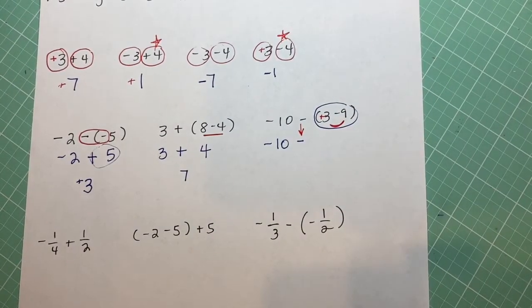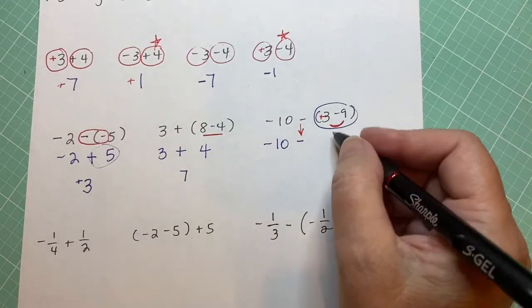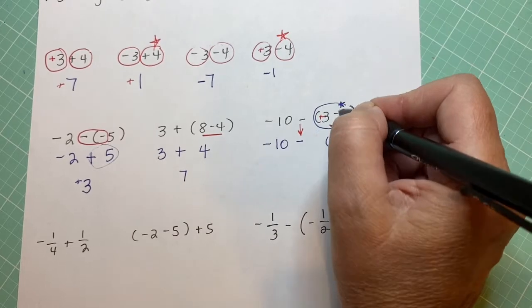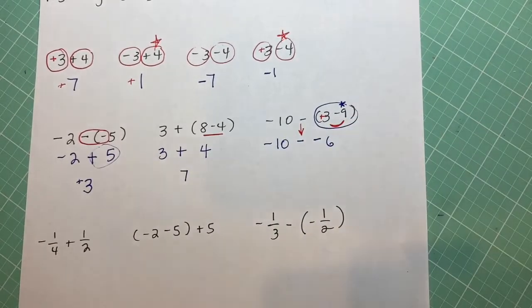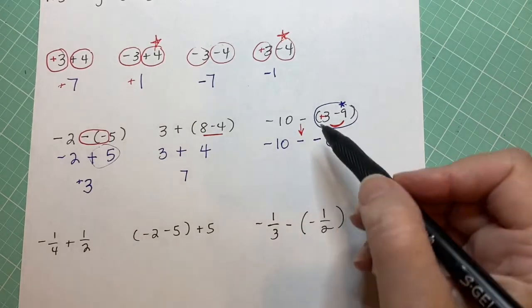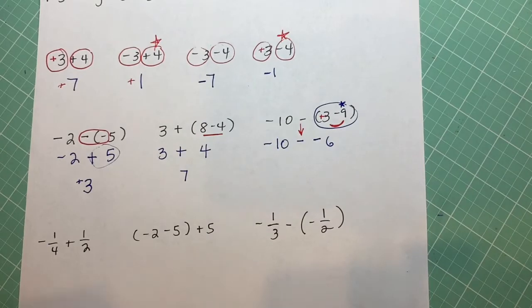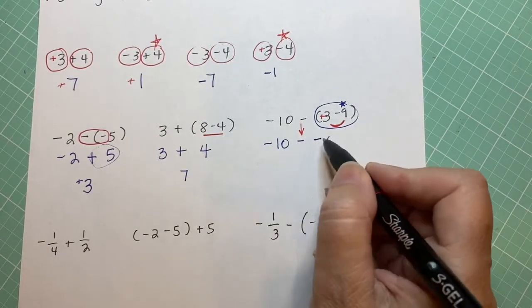Oops, the signs are different, so we subtract. 9 minus 3 is 6, and take the sign of the larger one, which is negative. So do you see that parentheses became a negative 6, but you also had to bring down this negative out down here.